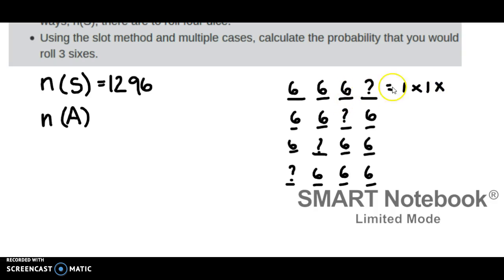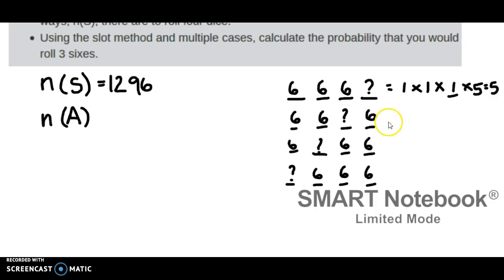And then another 6 on the third roll. Again, only one way for that to happen. Now, the last roll, I've got to get something other than a 6. Since there are 5 things that are not 6s, I'm going to multiply by 5 this time. Notice that it's not 6 because we want to exclude getting a 6 here, or else we'd get the possibility of getting 4 sixes. So this works out to 5.